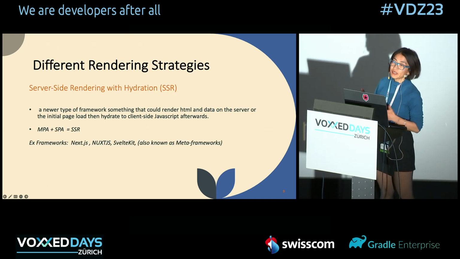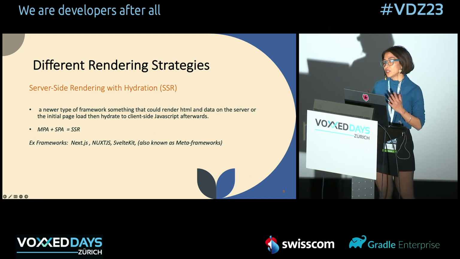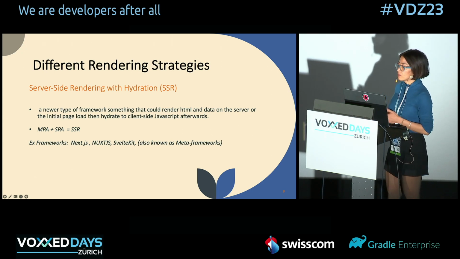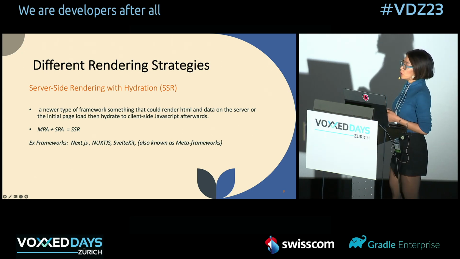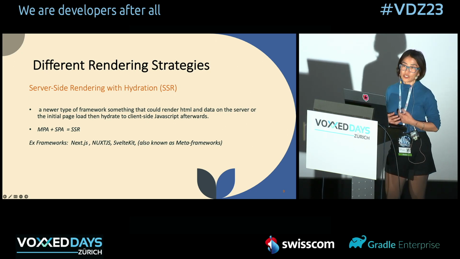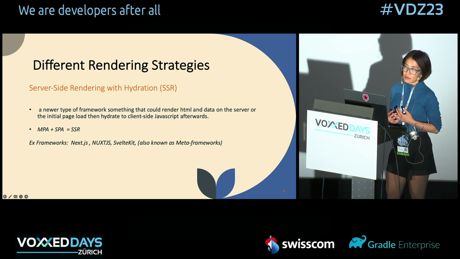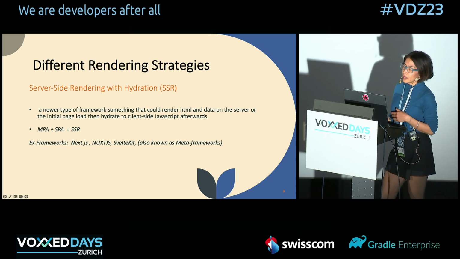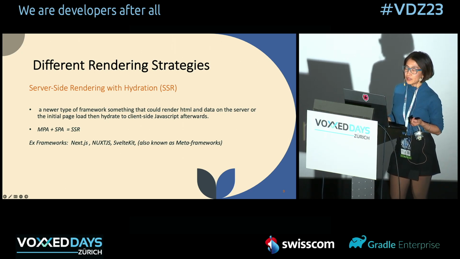That's why, a few years later, a newer type of framework came to be, the SSR. This can render HTML and data on the server for the initial page load, and then hydrate to client-side JavaScript afterwards. The general idea is that the initial request goes to the server, which renders everything dynamically.